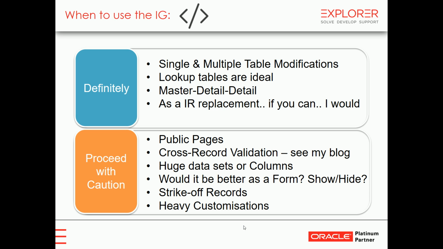If you do that, the interactive grid is expecting that record still to appear because it's an update. It's a grid. It's not expecting that record to disappear. If that record disappears, error. You see an error on the page. So it's not suitable for those strike-off records. Now, I think the Apex team are looking at that, and that will be resolved in a later version.